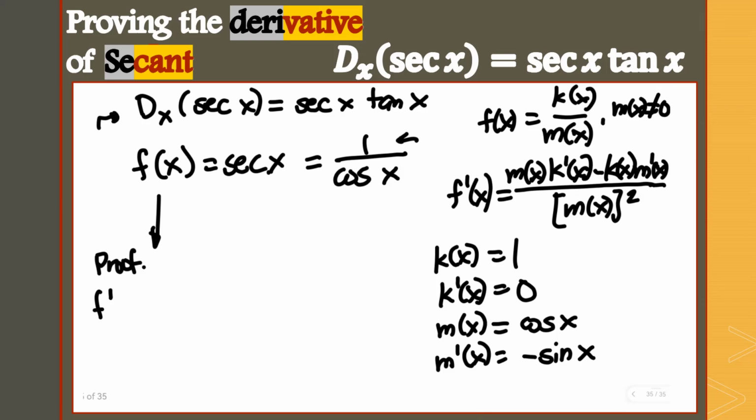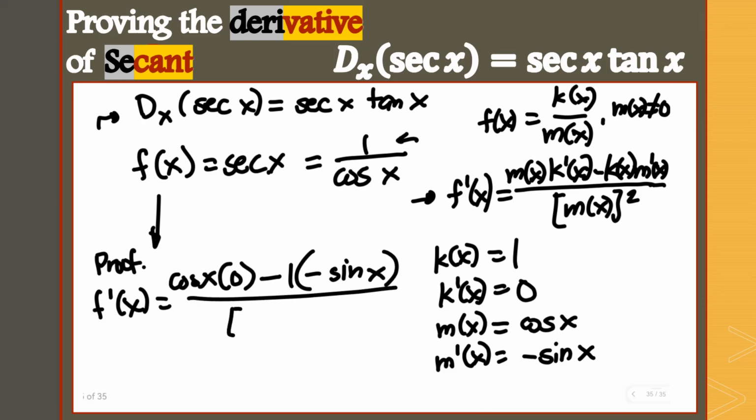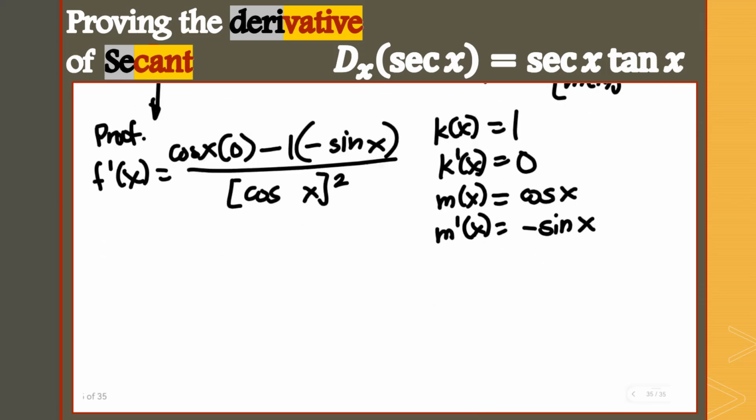Let us have f prime of x using the quotient rule: denominator cosine x times the derivative of your numerator, which is 0, and then minus, of course, your numerator, which is 1, times the derivative of your denominator, which is negative sine x, all over the square of your denominator, cosine x. Sorry, let me place the square here. Just like that.